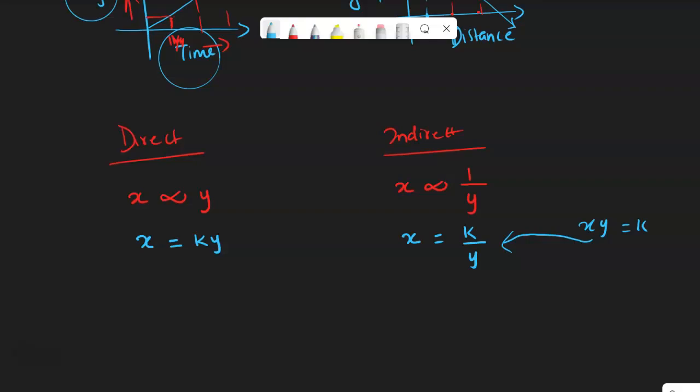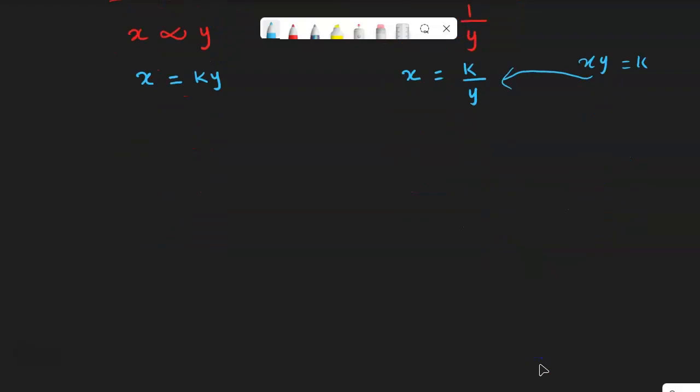Okay, let me do some problems. x is equal to 5 when y is equal to 8, and x and y vary directly.